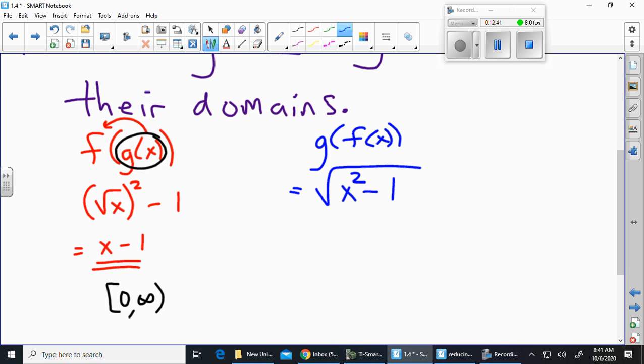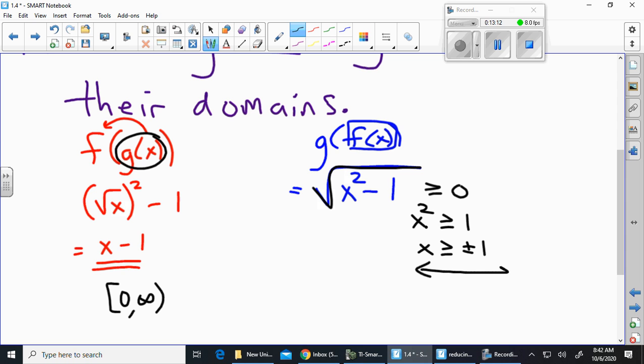Now the thing is, people will say, oh, the domain is negative infinity to infinity because that's what f was. You now have further restrictions because you have a radical. That radical has to be greater than or equal to 0, which means x squared has to be greater than or equal to 1, so x has to be greater than or equal to 1 or less than or equal to negative 1. And remember, 1 gives you the same thing as negative 1, 2 gives you the same thing as negative 2.